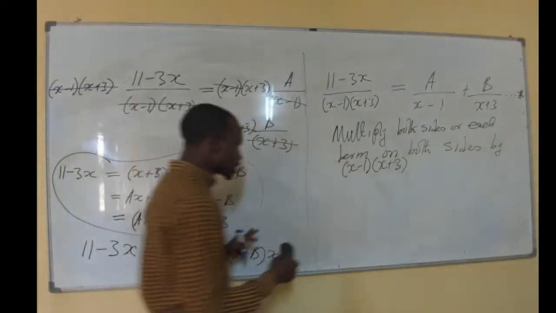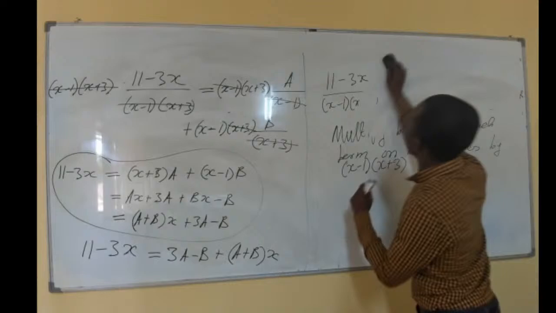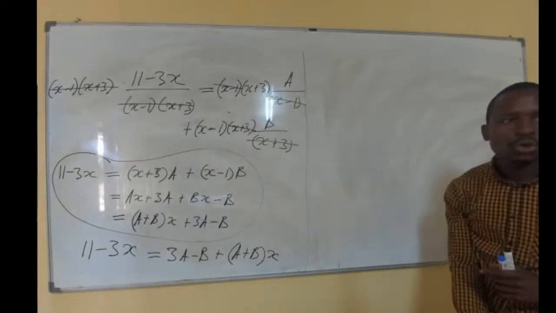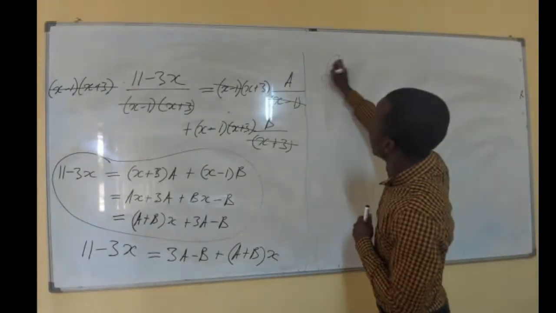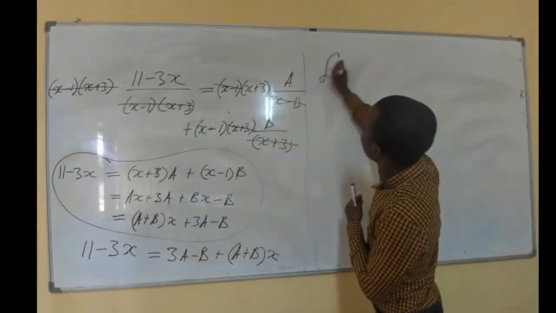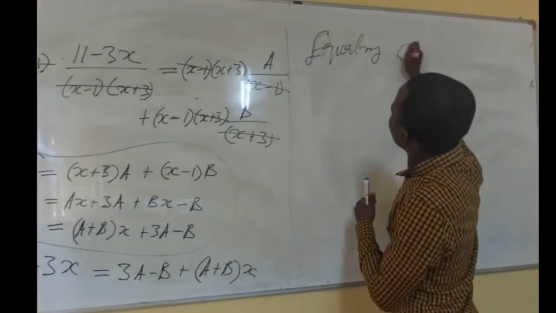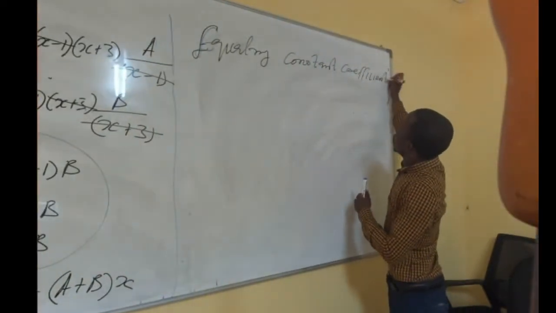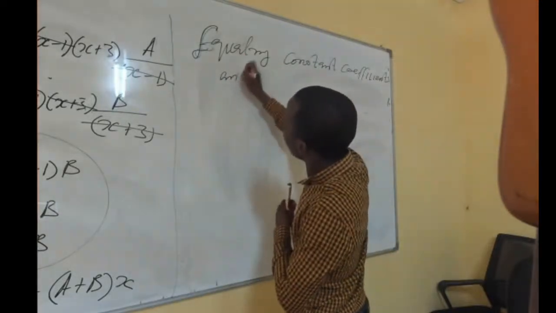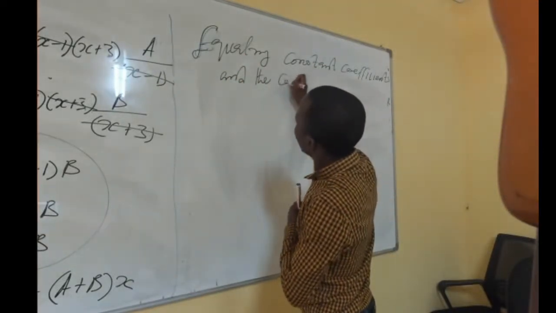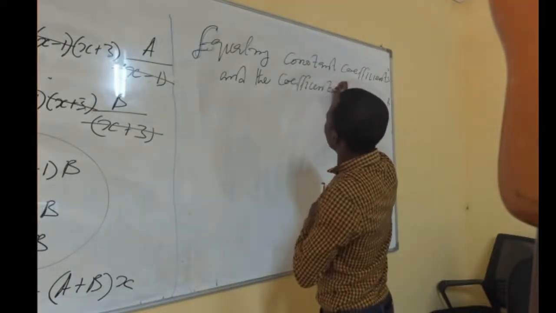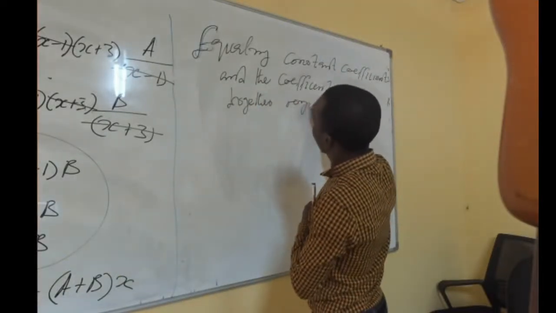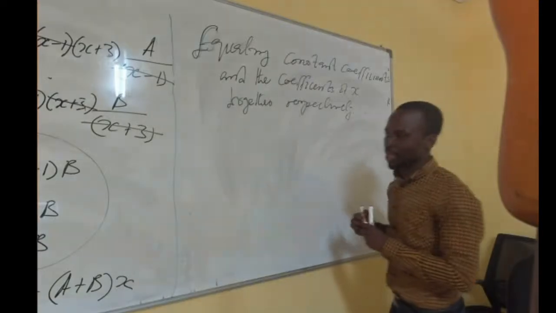So we equate the constant coefficients together and the coefficients of x together, respectively. I've used the word respectively, meaning each part.